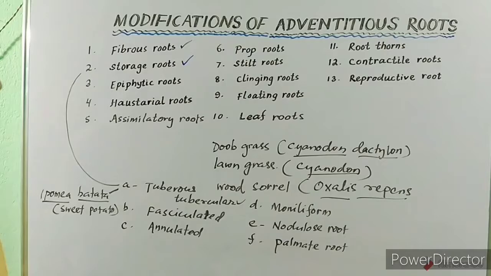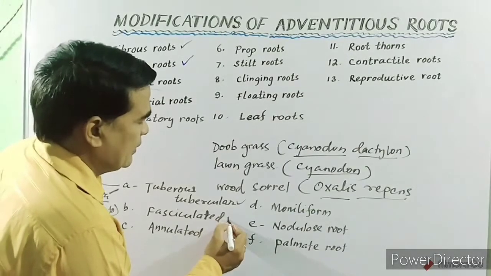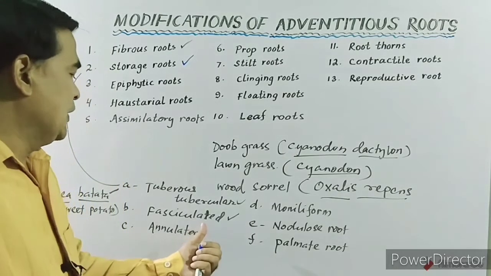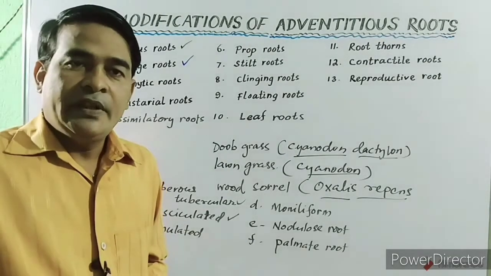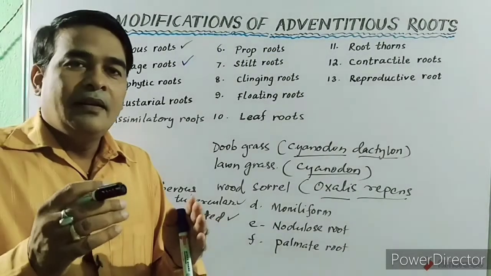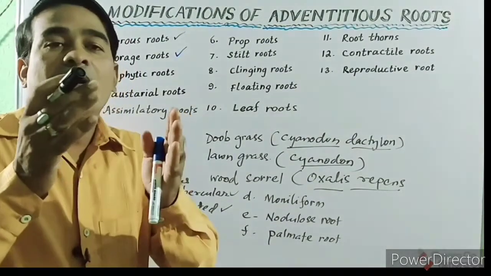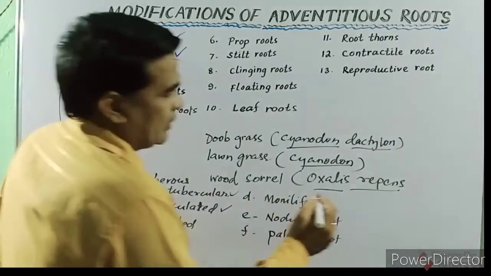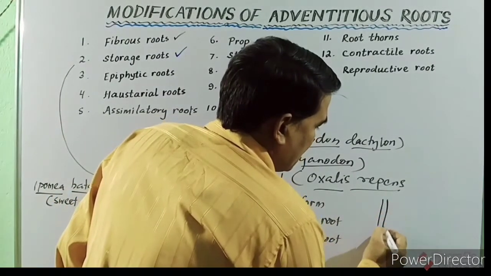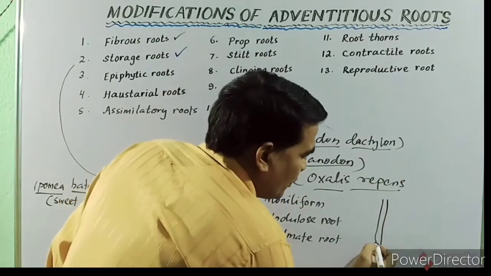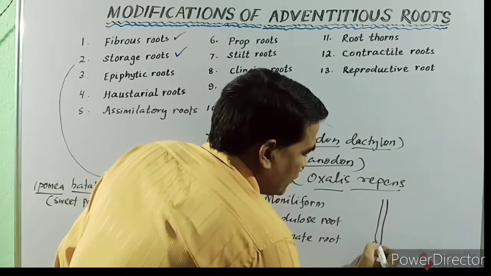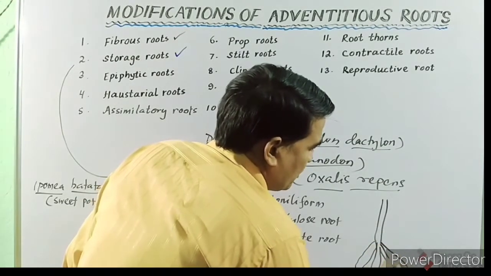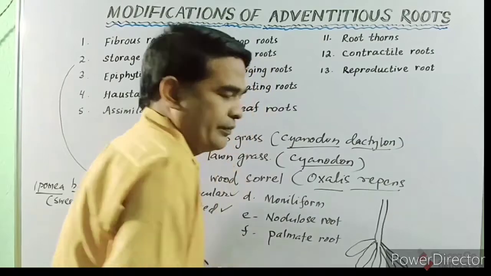Then fasciculated storage root. Here, several tuberous roots form a cluster at the base of the stem. Suppose this is the stem; at the base of the stem, several tuberous roots form a cluster.